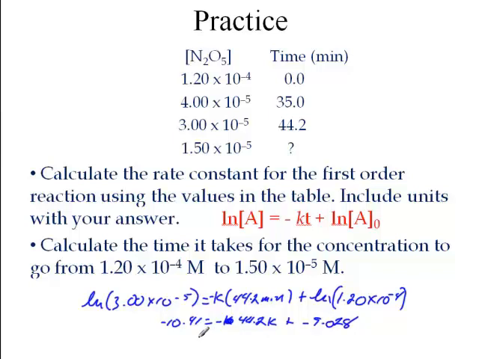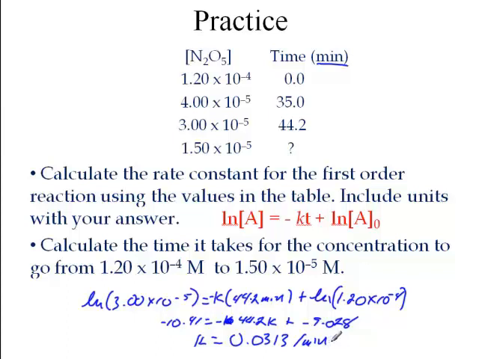And so when I solve for k, I get k equals 0.0313. And look at the time. The time was in minutes, so instead of it being per second, this is actually per minute. So now I've solved for k and I've included the units.